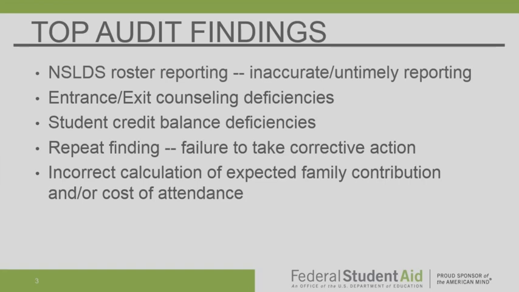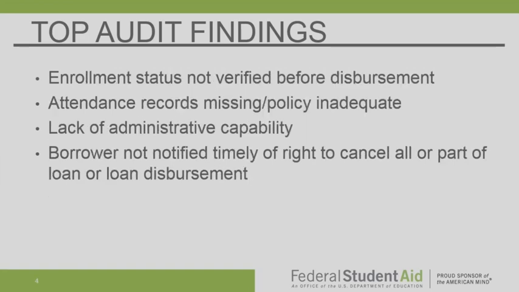And then an incorrect calculation of the EFC or the COA. The EFC is the expected family contribution, and the COA is the cost of attendance. Continuing down the list, we have an enrollment status that was not verified before disbursement, attendance records that are missing or your policy is inadequate, a lack of administrative capability, and the borrower was not notified timely about the right to cancel their loans.